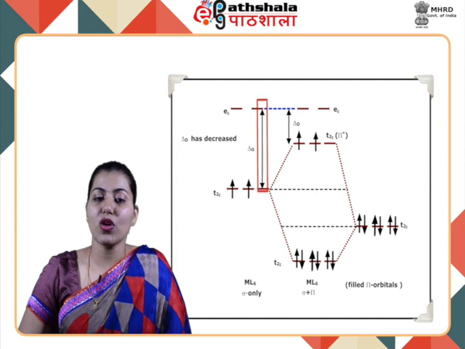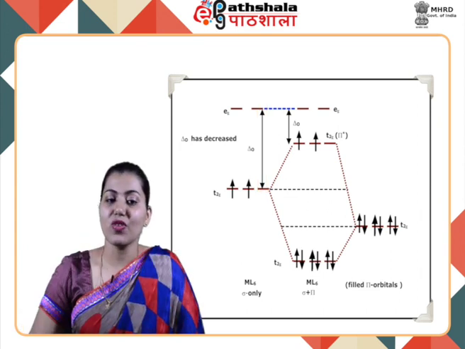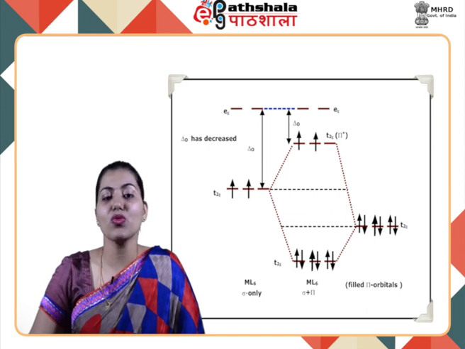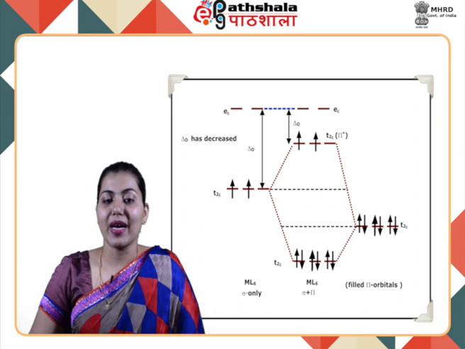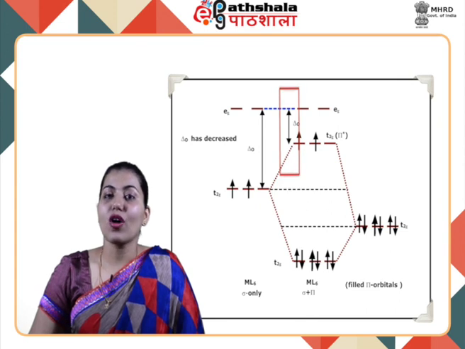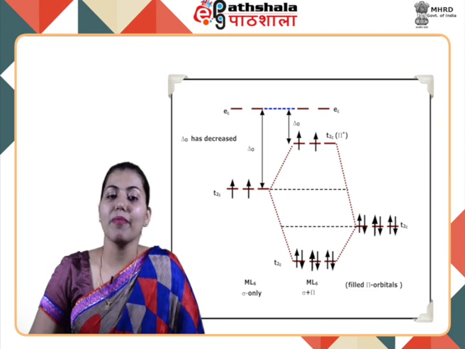The original delta naught value, which was between the t2g orbitals and the eg orbitals of the sigma donor ligands only, has been drastically reduced, since now the t2g orbitals of the filled pi orbital are somewhat lower in energy as compared to the metal orbitals. This leads to a reduction in the value of delta naught, lowering it down.